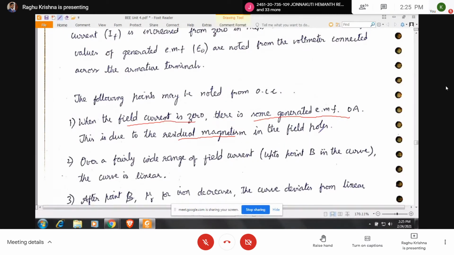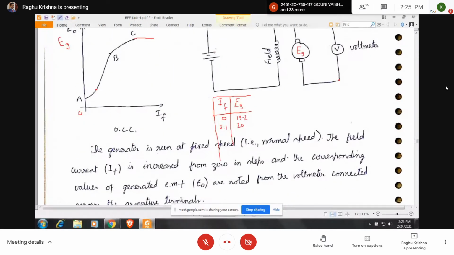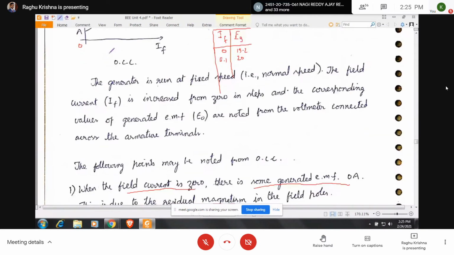Next, over a fairly wide range of field current, up to point B, the curve is linear. You can see here, from here to here, the curve is linear.